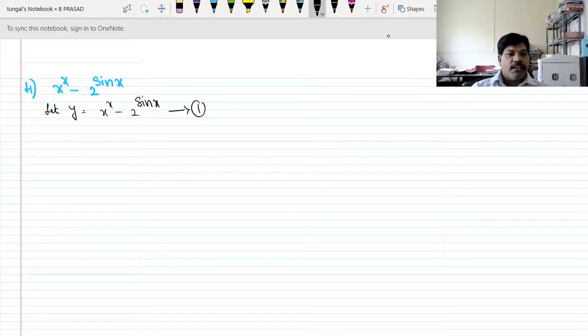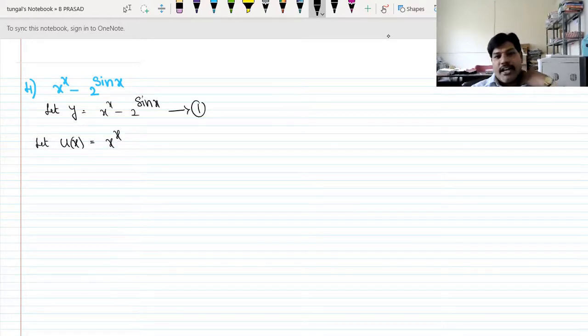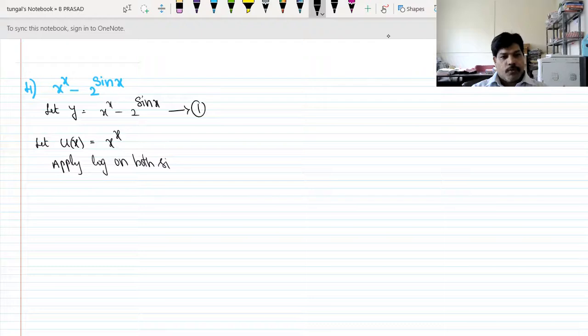First, let u of x is equal to x power x. The first function I am taking as u. I will apply log on both the sides. What happens, students?